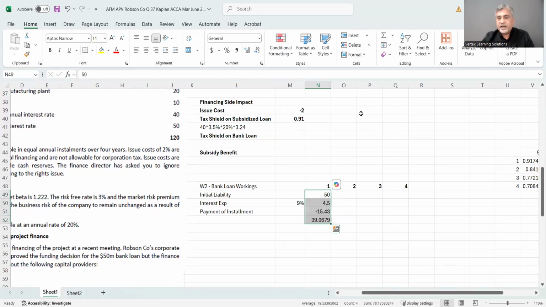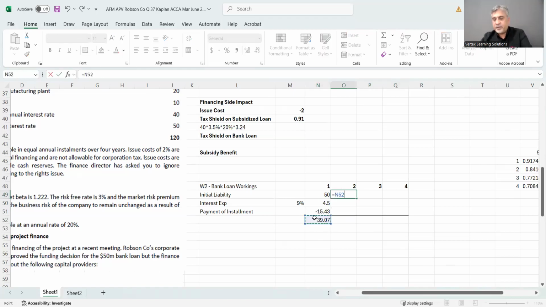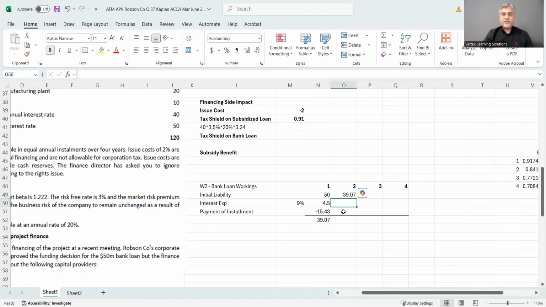So my liability at the end of year 1 is 39. I'll underline this; it becomes my opening liability for year 2. Then I will have my interest payment on this, and the equal installment.